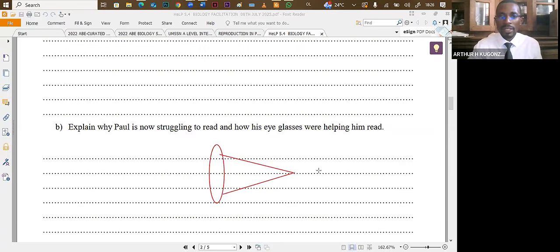Like this. It converges light rays. So this one corrects the problem of long-sightedness. I don't know if I can draw the convex one here now.